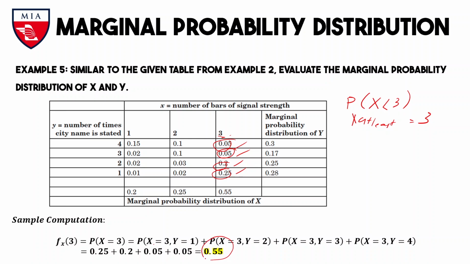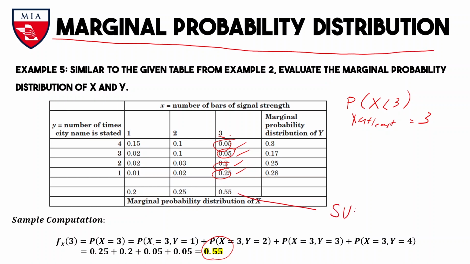So we have 0.55. Like I said earlier, in terms of marginal probability distribution, we are dealing with the sum of probabilities in terms of different conditions. So in this condition, the requirement is we need to find the marginal probability distribution or the totality of a certain condition wherein the x should be equal to 3.